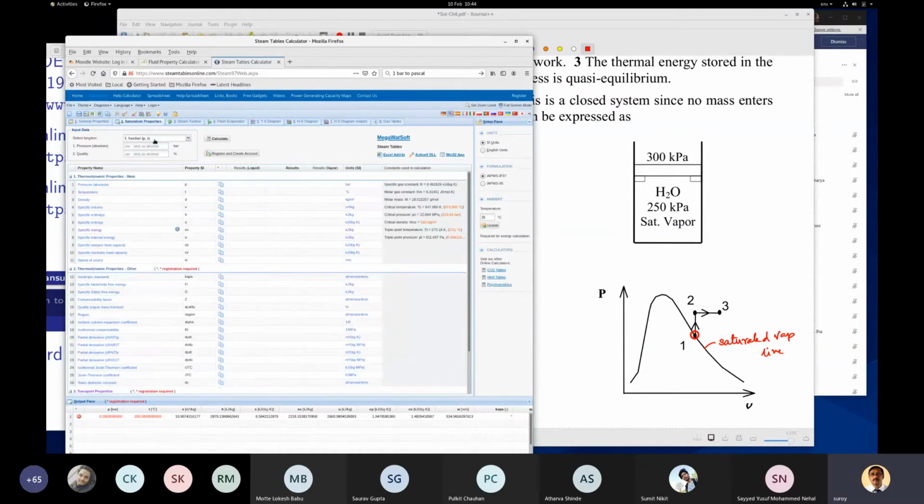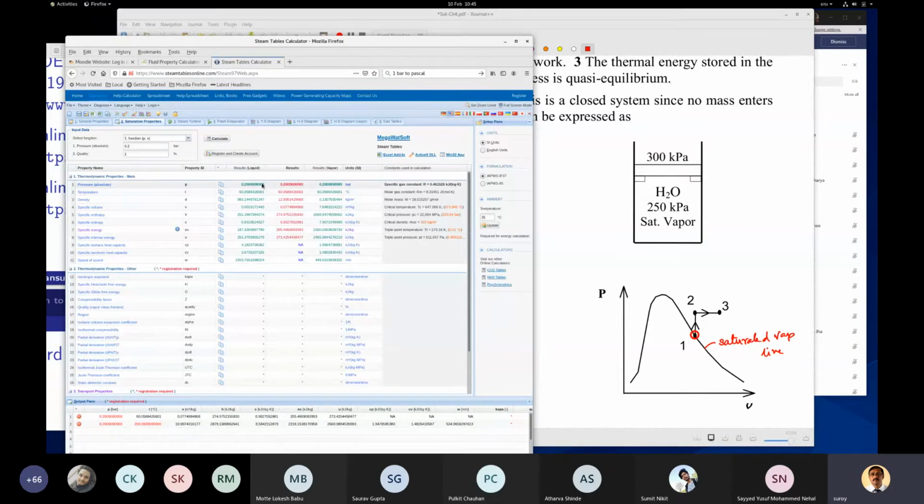Saturation properties given. Saturation properties, 200 kilopascal. Pressure is in bar. Bar means 0.2, right? And here it is 1. Saturated condition. Calculate.